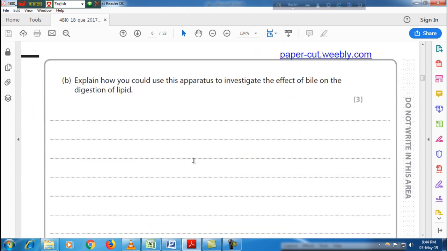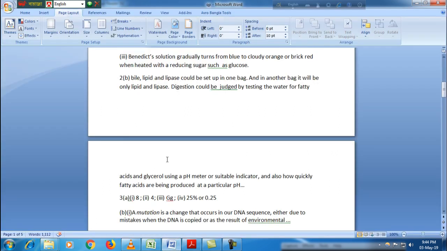Now go for the next question. Explain how you could use this apparatus to investigate the effect of bile on the digestion of lipid.